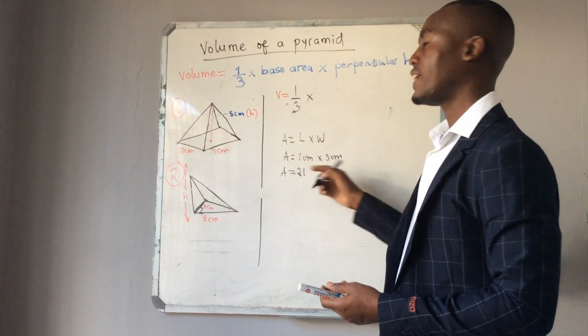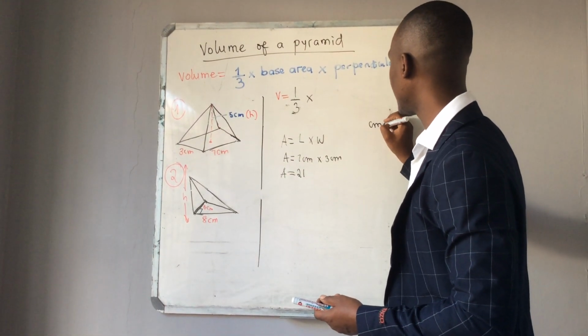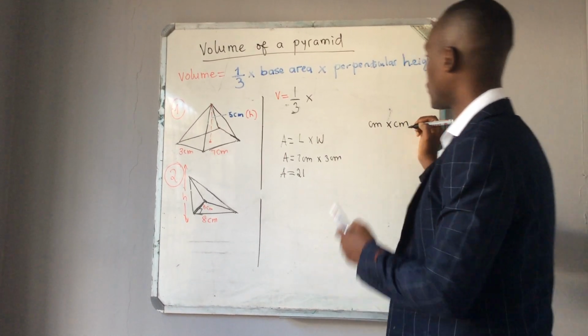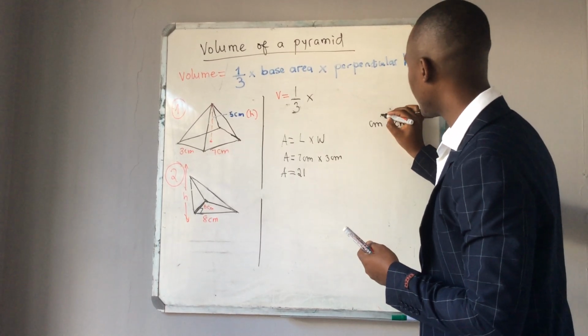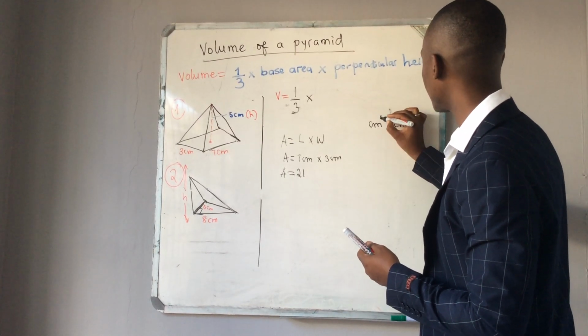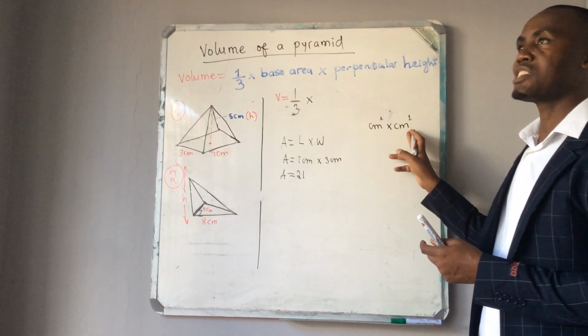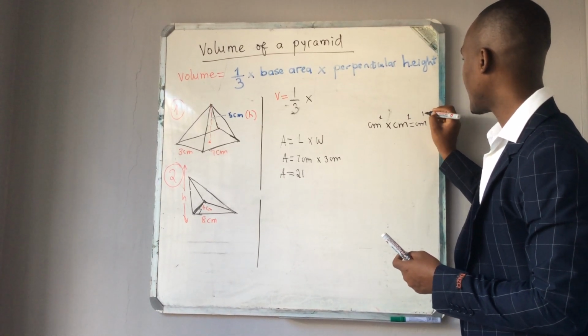Now we need to multiply that, and according to algebraic rules of exponents and multiplication, if we have centimeters times centimeters, we know that there's an exponent of 1 on each of these variables. Because the base, centimeters and centimeters, is the same, we can just add the exponents.